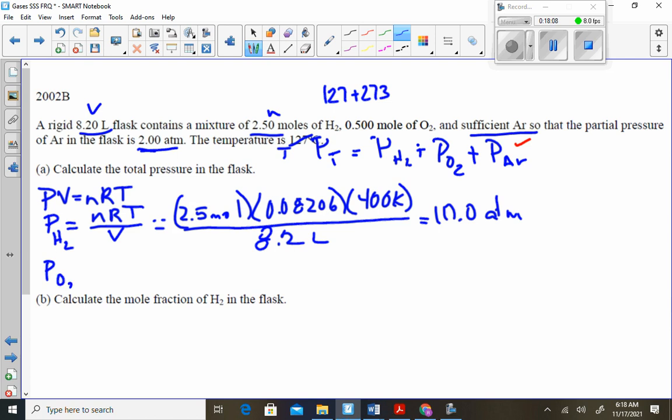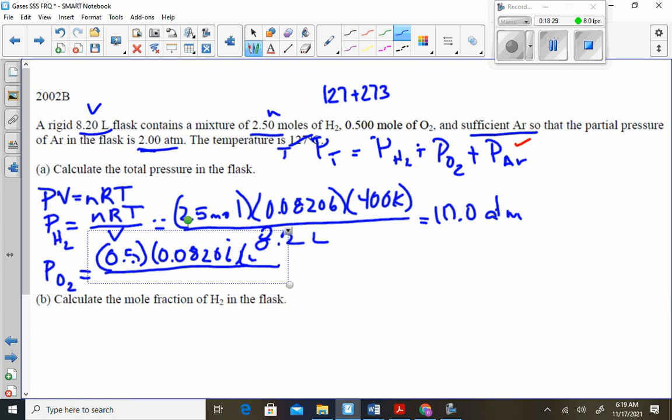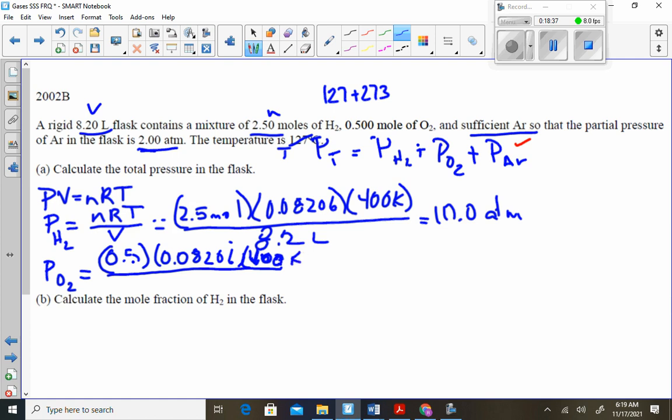I'll do the same thing for the oxygen. So the oxygen, we have half a mole instead of 2.5, but everything else, since it's in the same container, is the same. We use the same R, the same temperature, they're both at 400 Kelvin, and 8.2 liters.